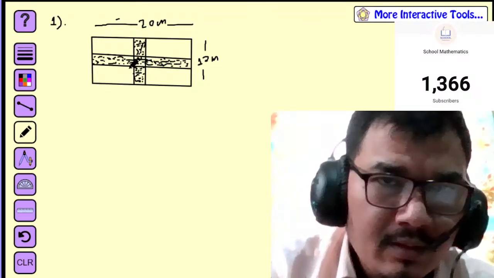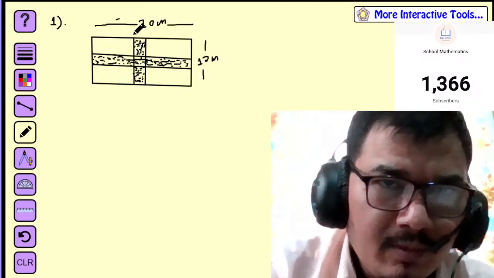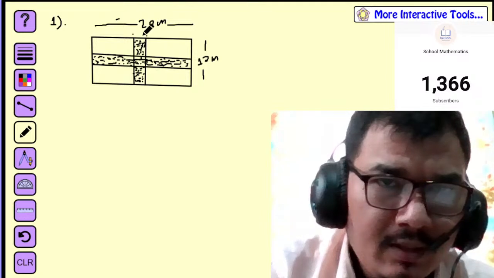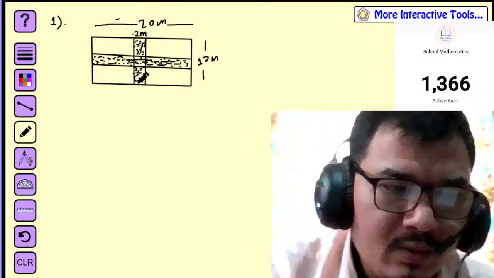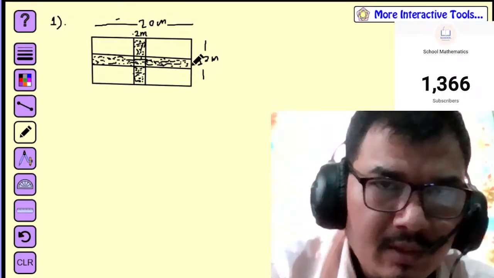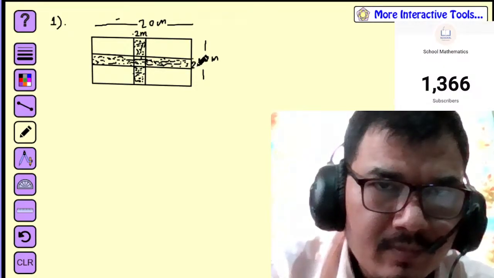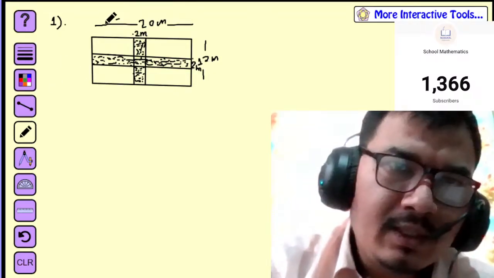And this path, from here to here, is given as 2 meter. The breadth of this shaded part is 2 meter, and here also, from here to here, this is also 2 meter.